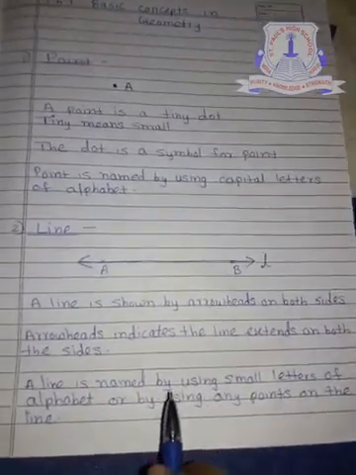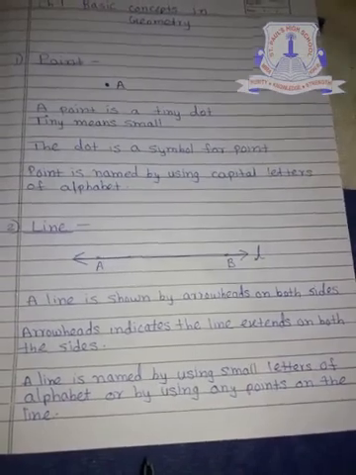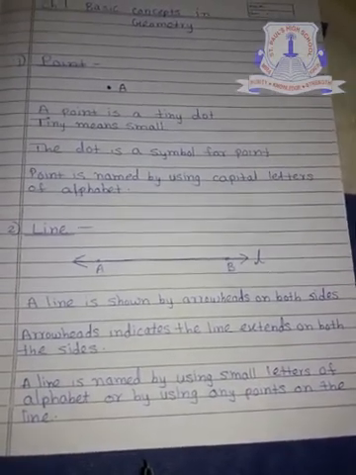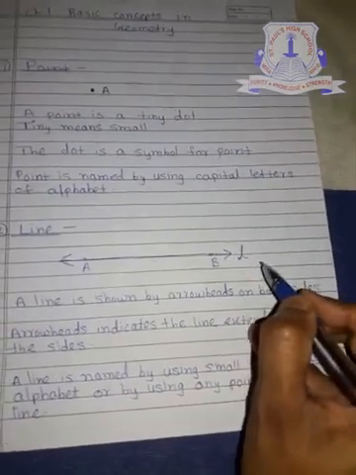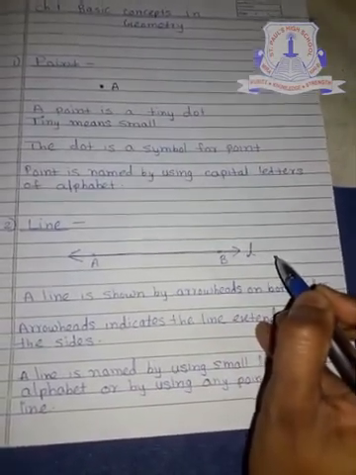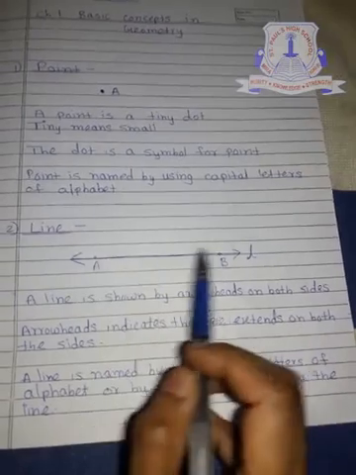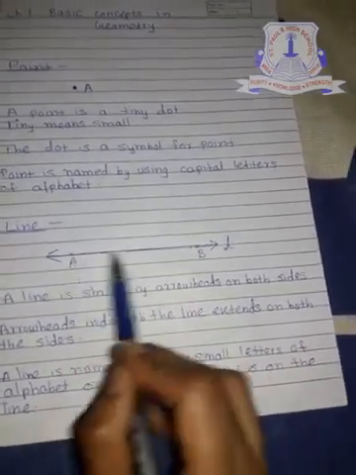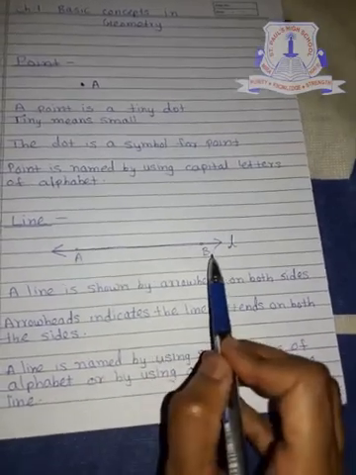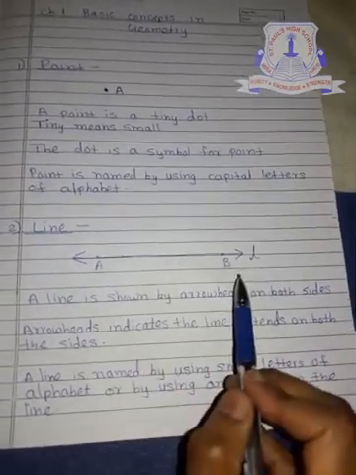A line is named by using a small letter of the alphabet or by using any two points on the line. For example, line L, that is the small letter of the alphabet, or point A and point B, these are the two alphabets which indicate the name of the line, that is line AB.